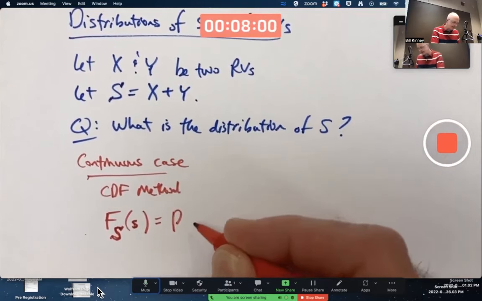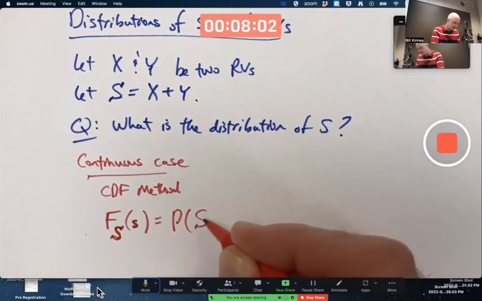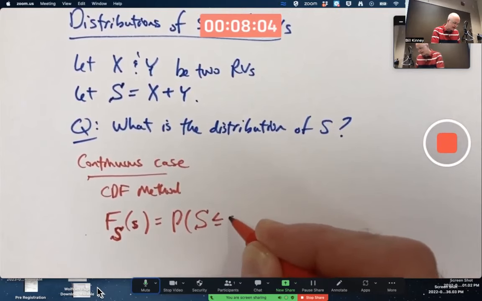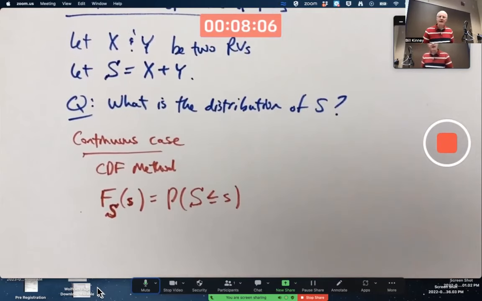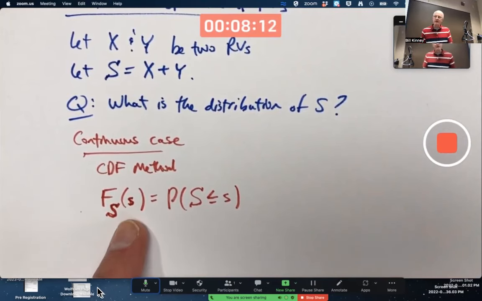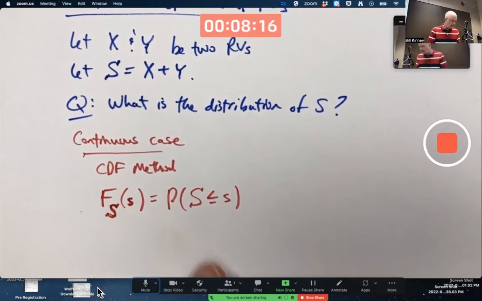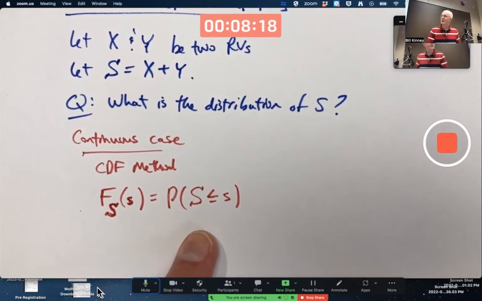As always, the CDF, whether the random variable is discrete or continuous, is the probability that the random variable is less than or equal to the given number. This is a function of the given number, an ordinary kind of variable, little s in this case. That's always the CDF, whether it's discrete, continuous, or mixed.